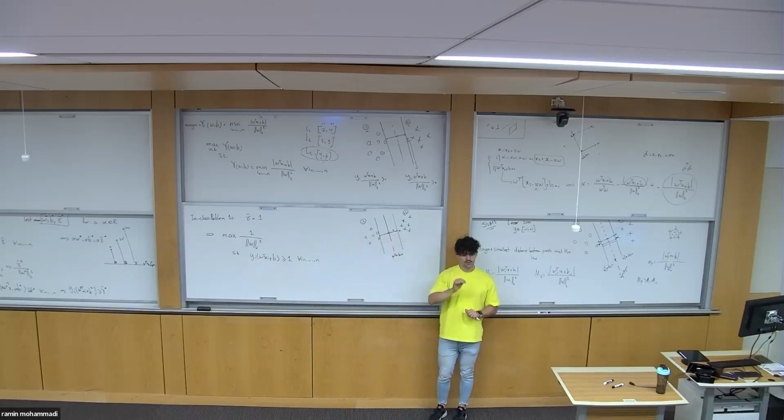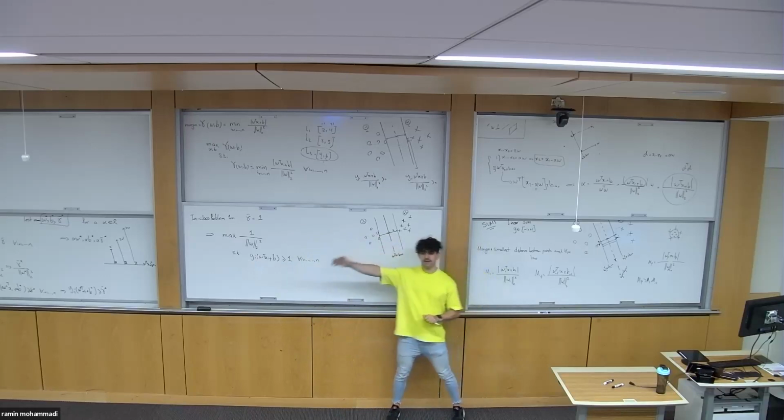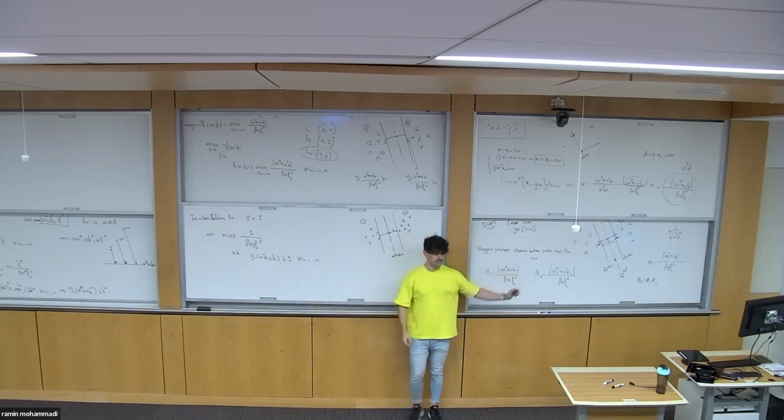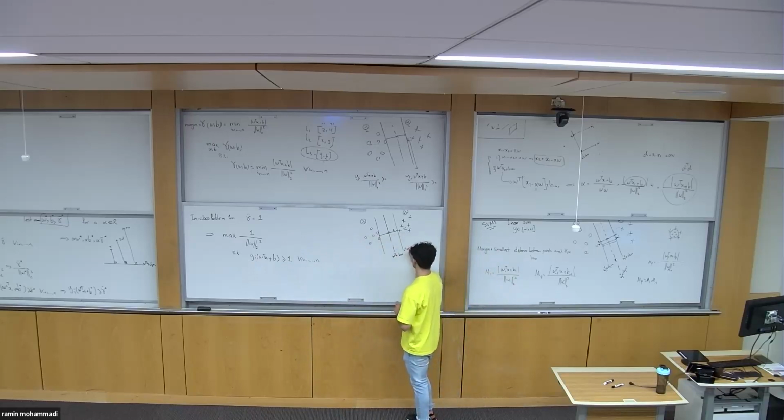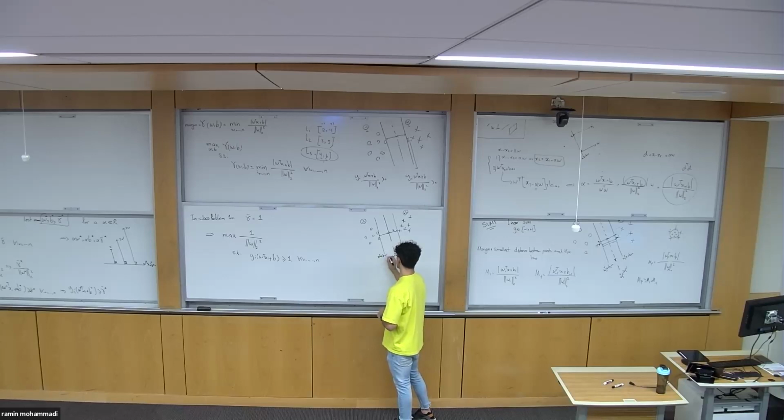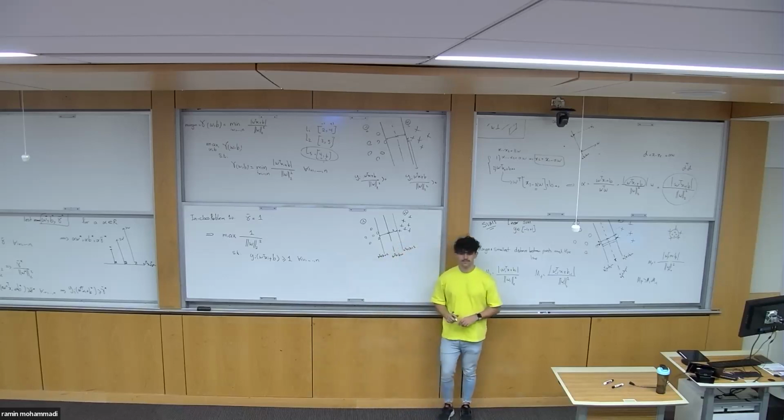So all points should be at least 1 step away on the right and on the left. That's the definition of gamma hat here. So this is going to be W transpose X plus b equals 1, and W transpose X plus b equals minus 1.